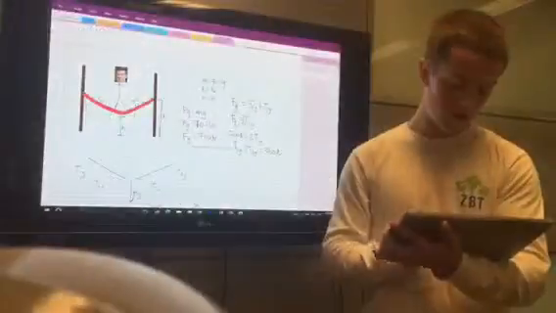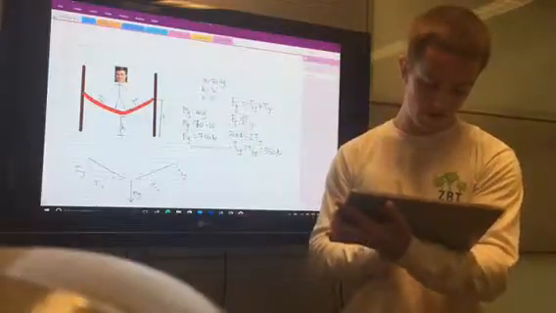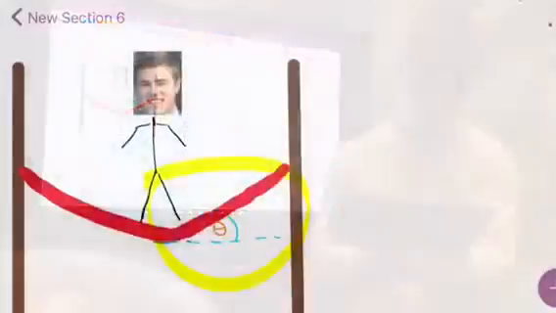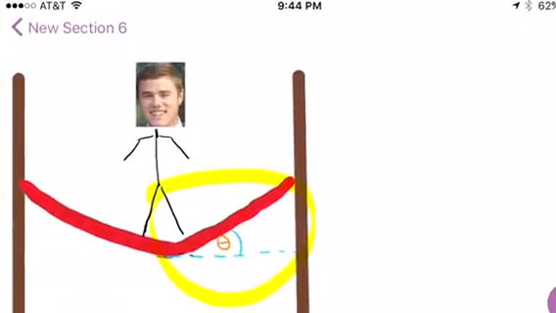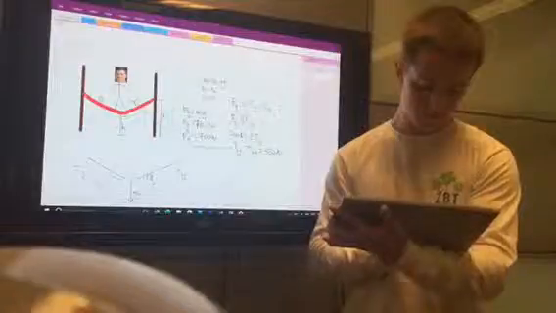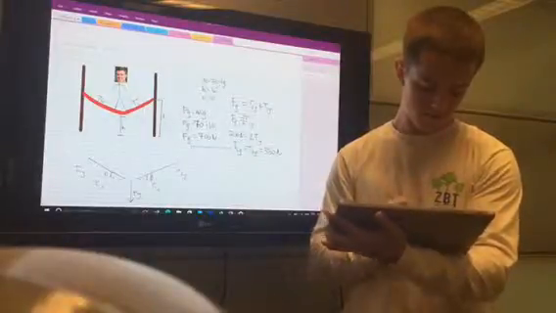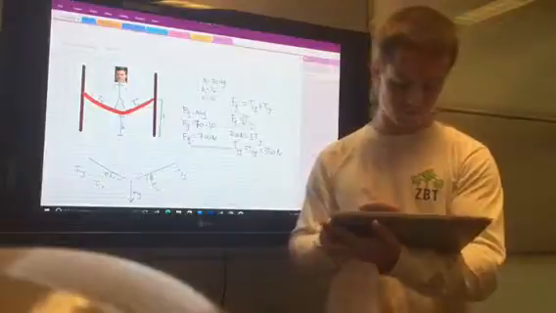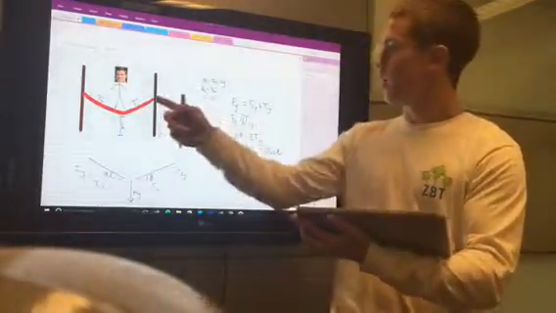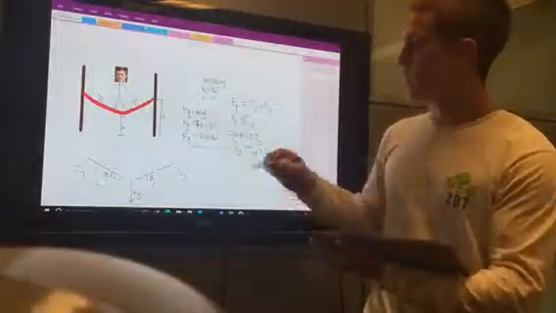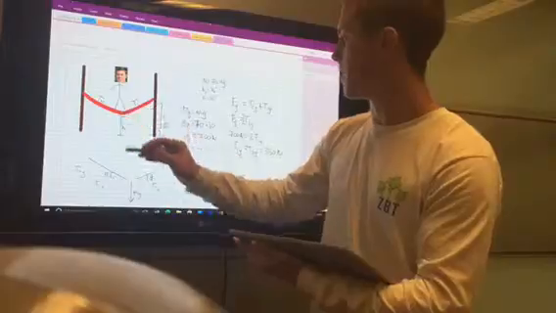Now that we know those equal 350 newtons, we can go into finding this angle theta, which is going to be the same angle on each side because he's directly in the middle. For finding theta, we're going to use this diagram up here. We know this height is 41 inches, and we know this height is 16 inches.